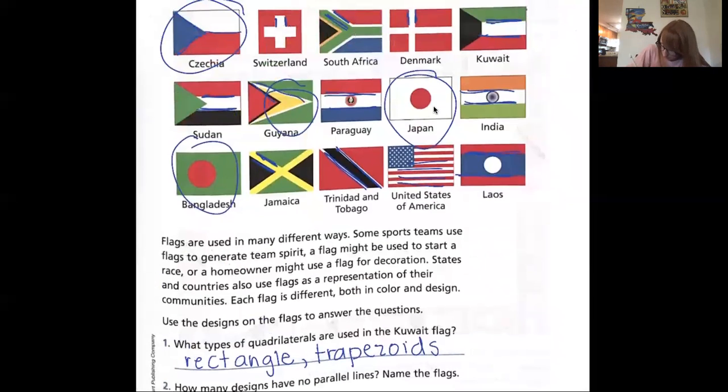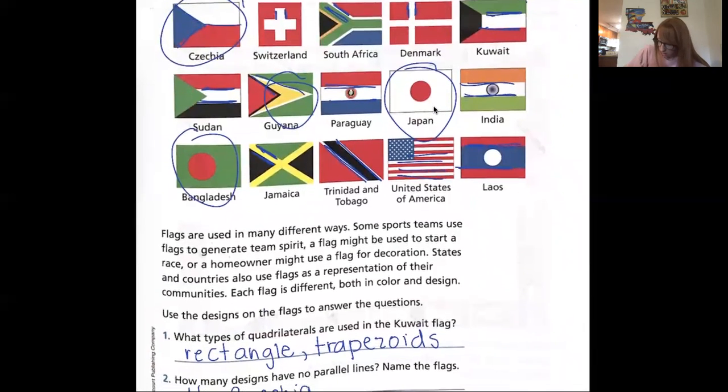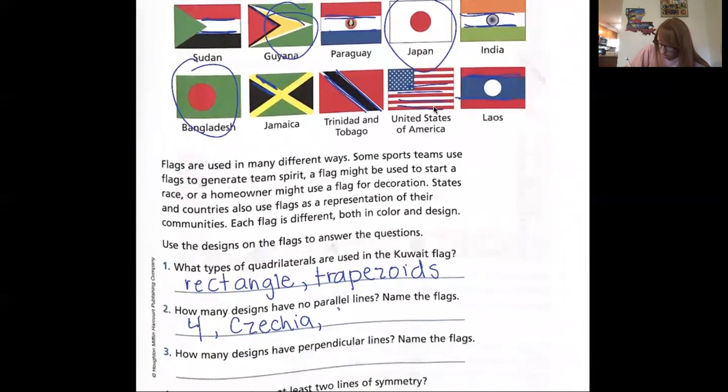We have Czechia, Guyana, Japan, and Bangladesh.